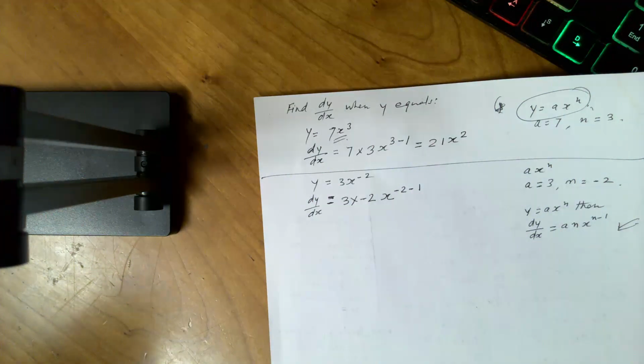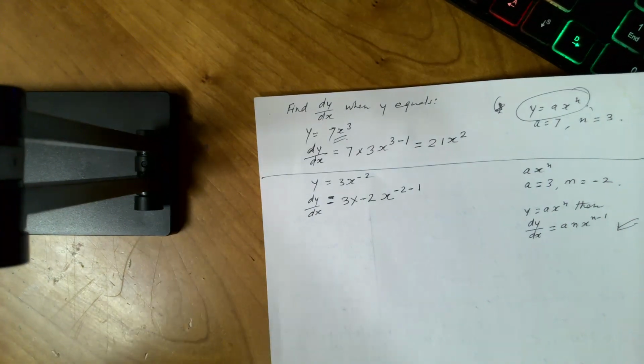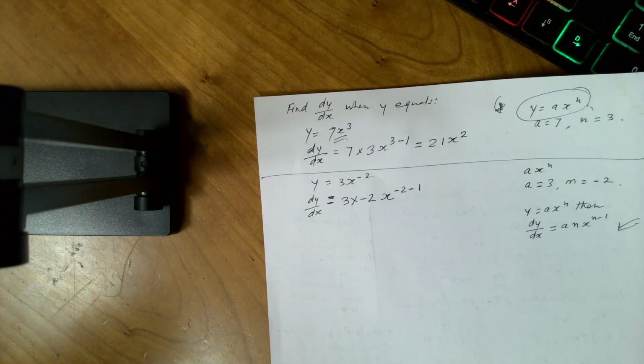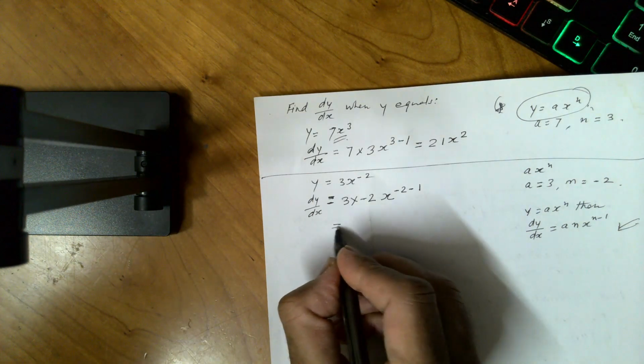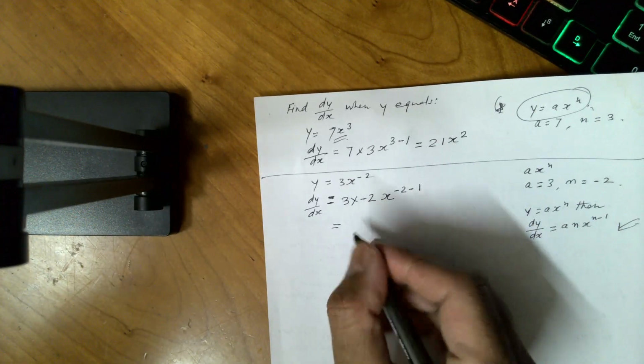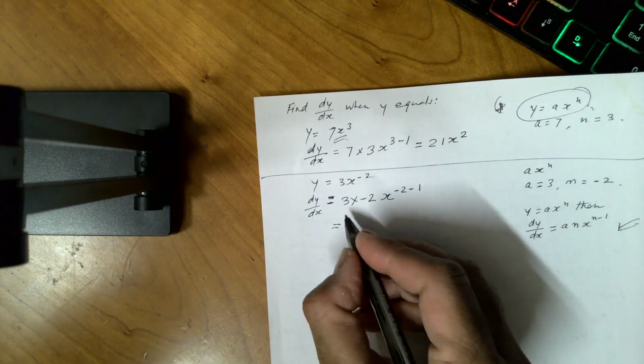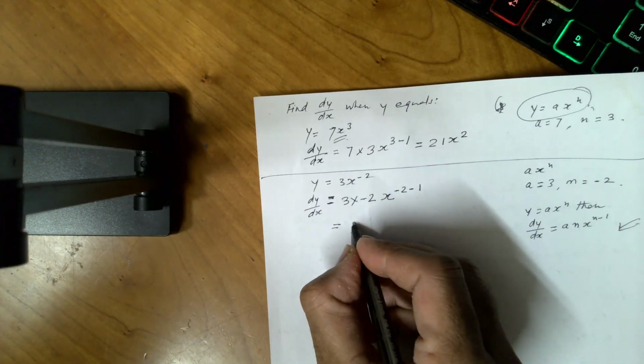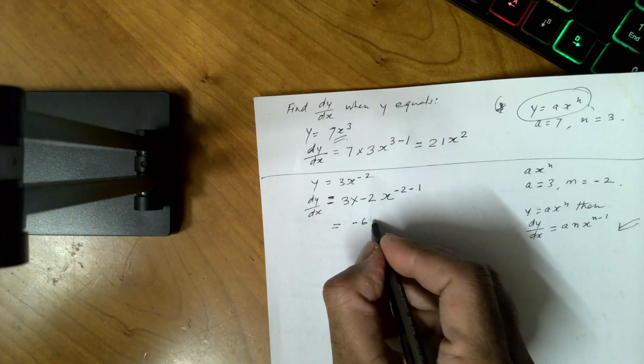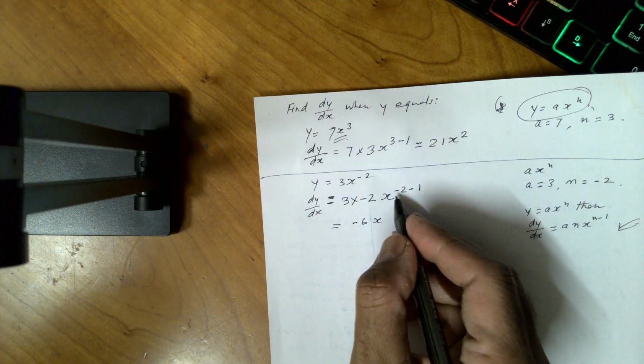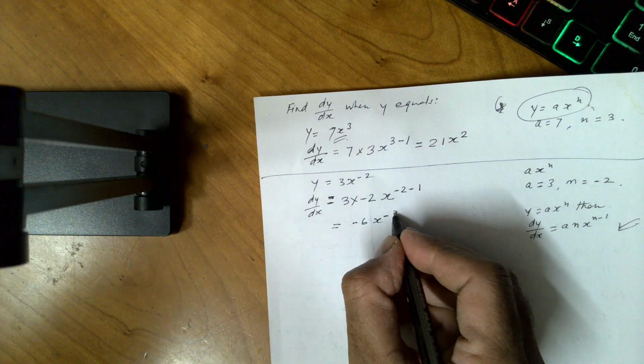Multiply by the power, then subtract 1 from the power. Remember always. Multiply that, and that will give you minus 6. Then you have x here, and minus 2 minus 1 is minus 3.